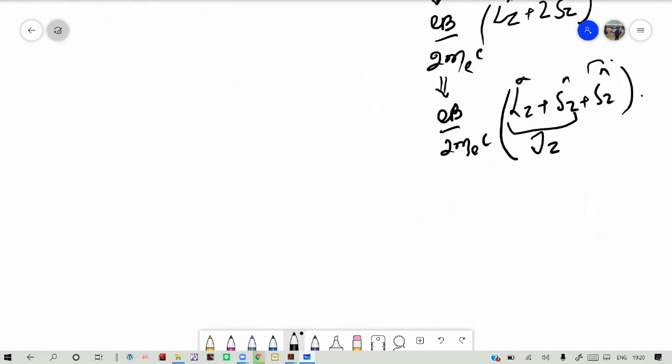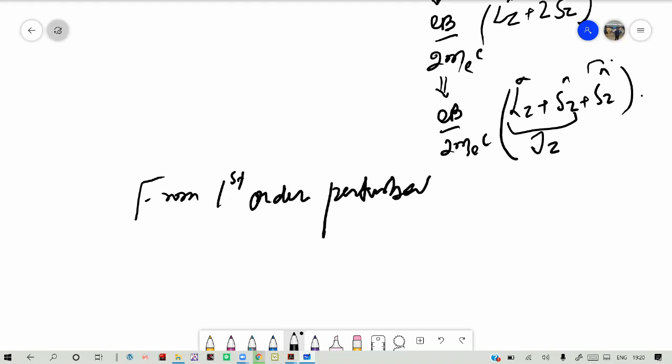Now to get the eigenvalues, we do a first order perturbation calculation. From first order perturbation calculation, the contribution of H_Z is given by E_Z, let it be E_Z, and it is first order.